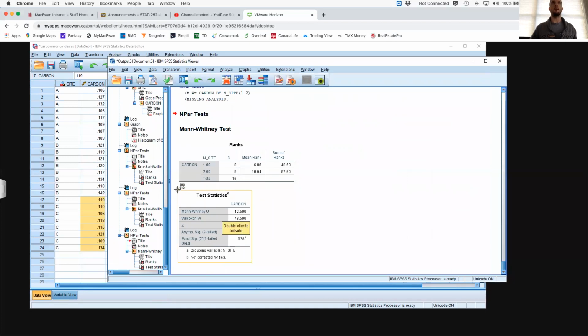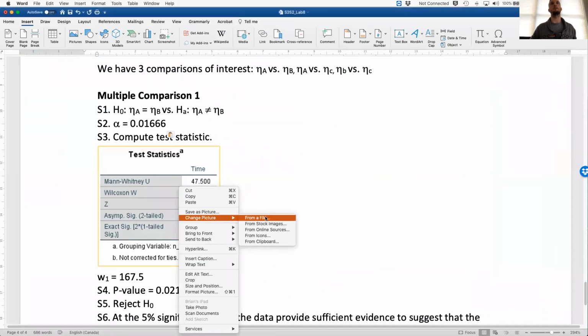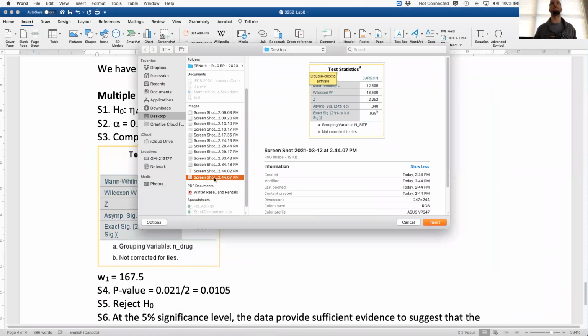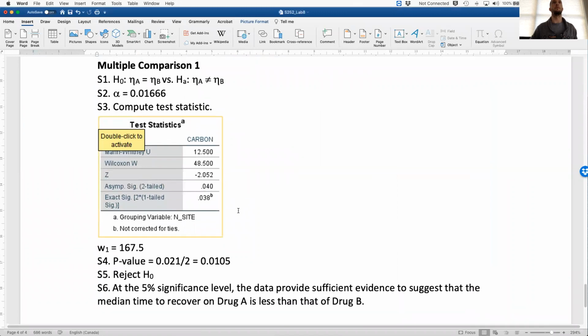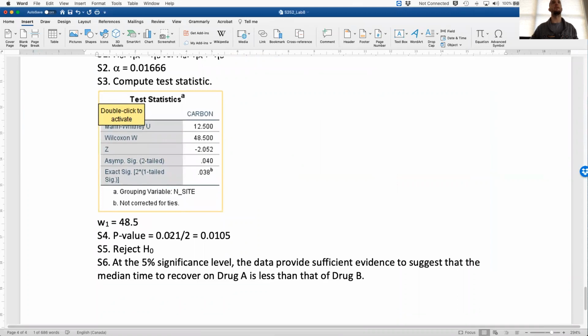Then we just take our output table here and change this to the new output. Our test statistic here is 48.5. Our p-value is 0.040 over 2, which is 0.020.